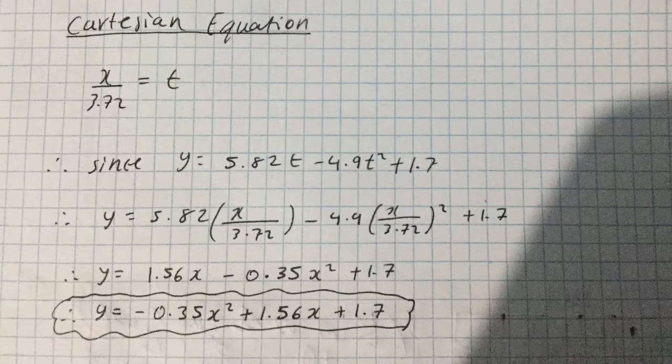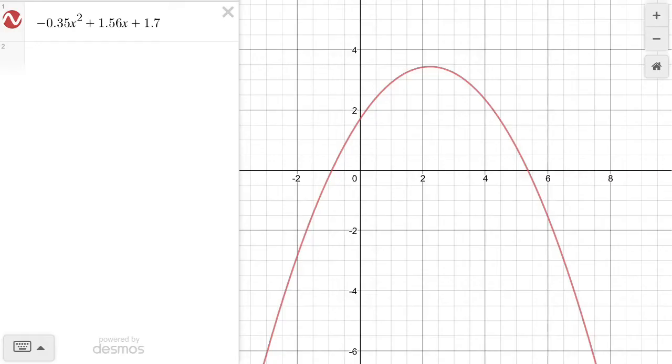Now, although it wasn't required, I just quickly made a Cartesian equation by making t the subject, subbing it in as we normally do, back into the y, and I received the value of y equals negative 0.35x squared plus 1.56x plus 1.7. You'll see this on my Desmos graph.